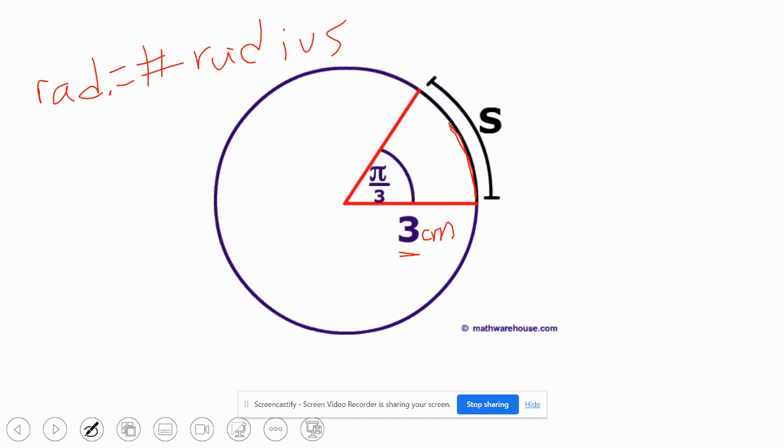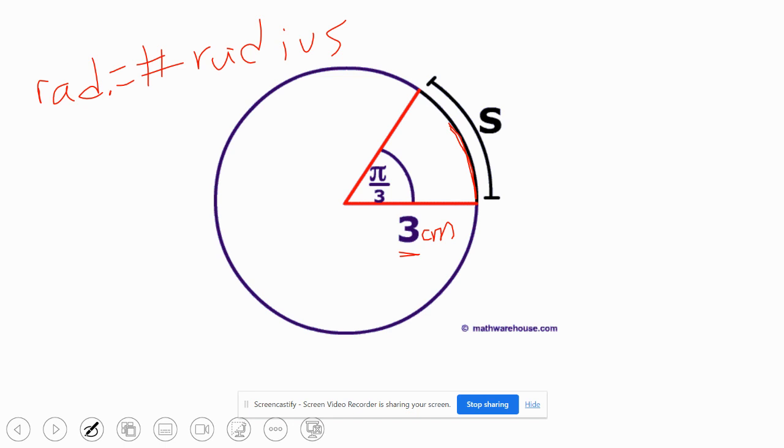Okay, right? So I'm going to say that again. Since a radian is the number of radii, and I'm giving you the number of radii already, if you just multiply by the radius, because it's the number of radii times the radius length, that's going to give you the arc length.